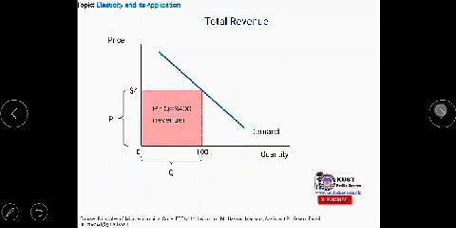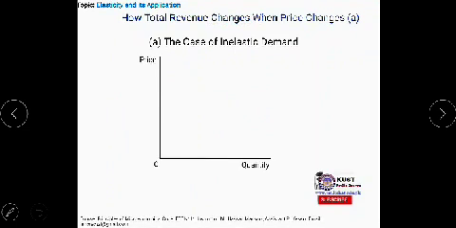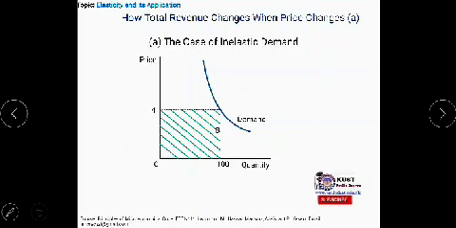Now let's see that if the demand curve is inelastic, as you can see that this demand curve is of the inelastic shape. In this case, again we have the same data, that is the price is $4 and the consumers are buying 100 units.